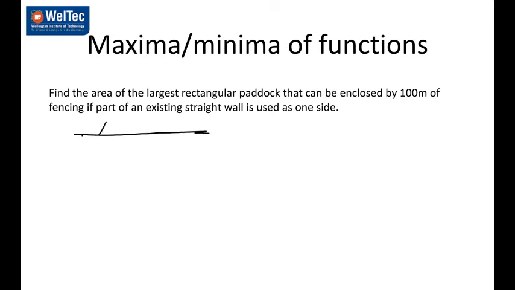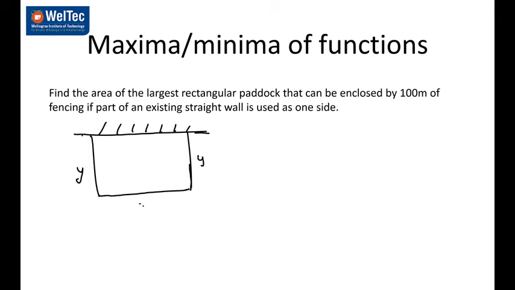Draw a picture. You're going to have a straight wall that's already there. And then you're going to put in a fence around a paddock, like that. And it's that fencing that's going to be 100 meters.